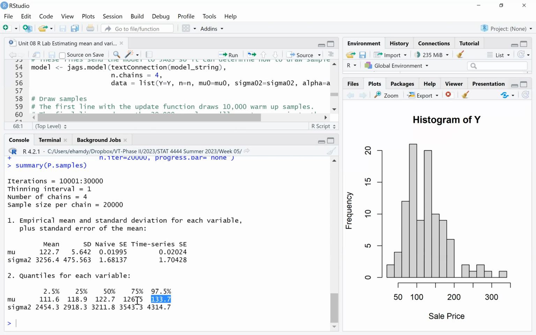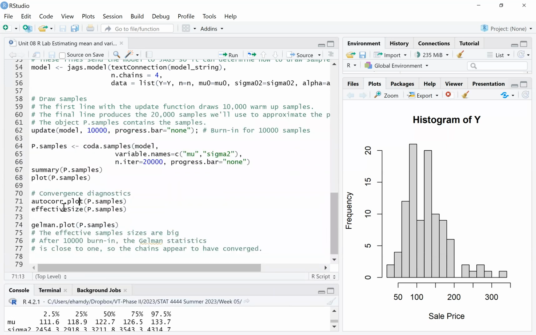So with 95% probability, the population mean is between these two values. For the population variance, with 95% probability, the population variance is between these two values. And this is the posterior median of mu, and this is the posterior median of sigma squared.